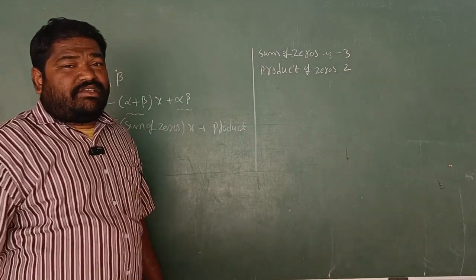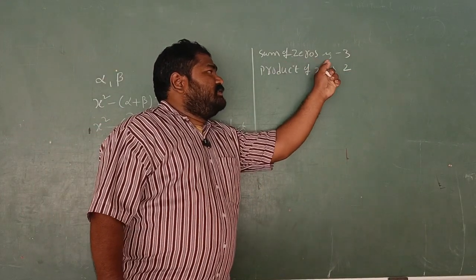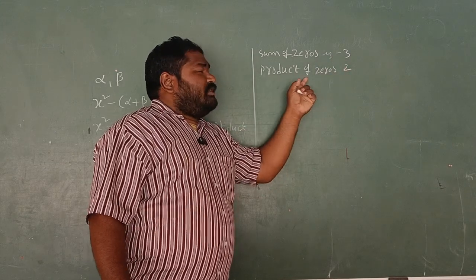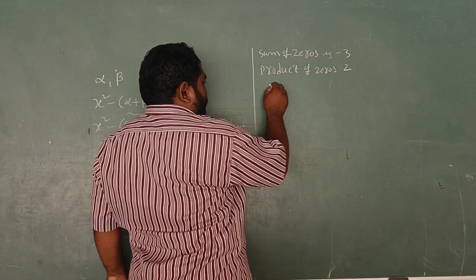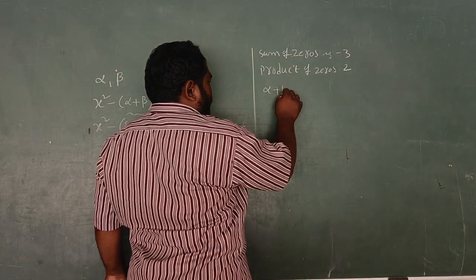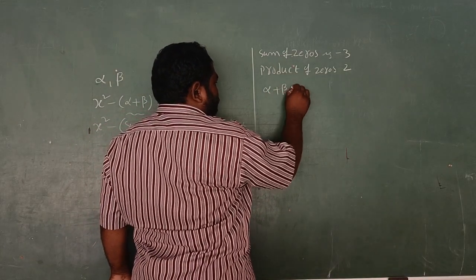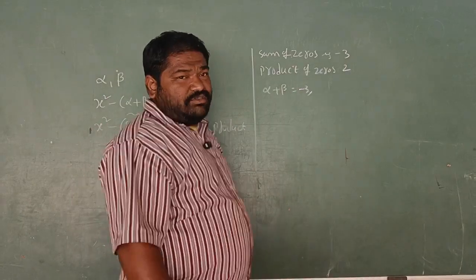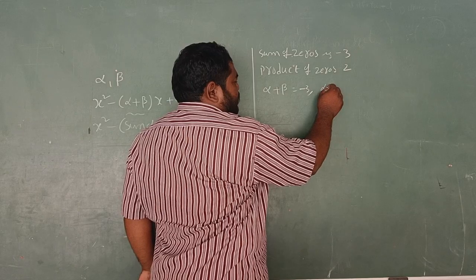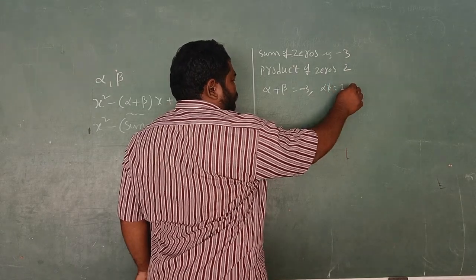Find the quadratic polynomial. Here alpha plus beta, the sum of zeros, is given by -3. Product of zeros, alpha into beta, equals 2.